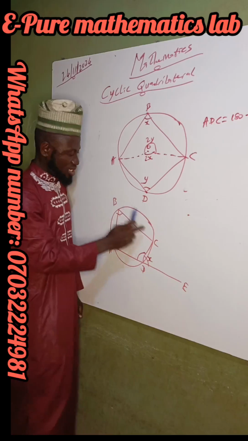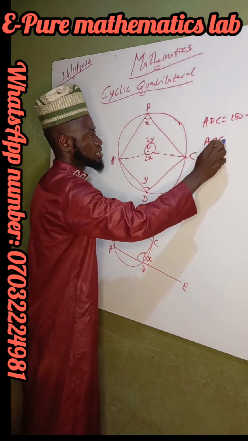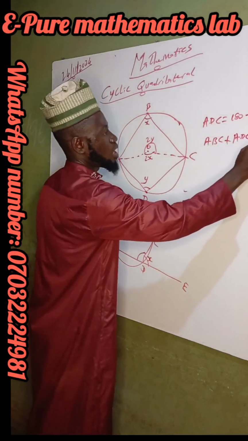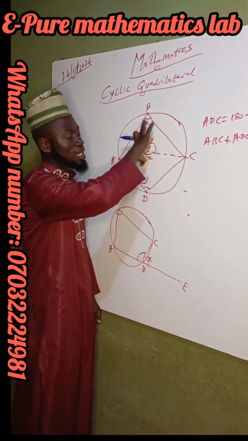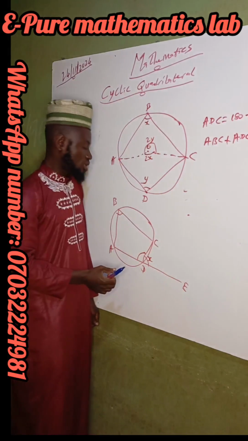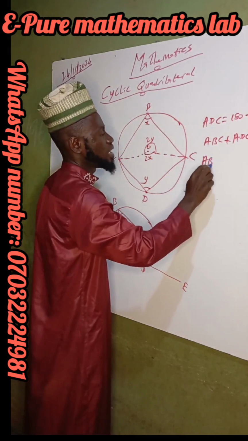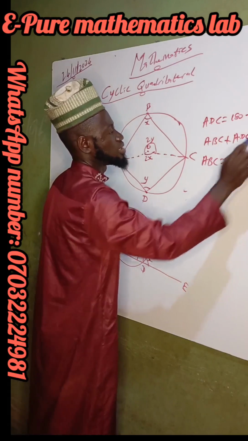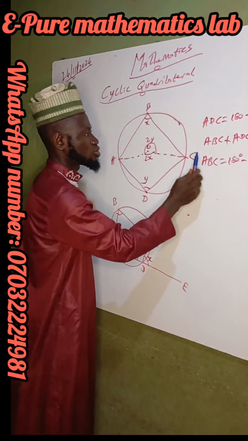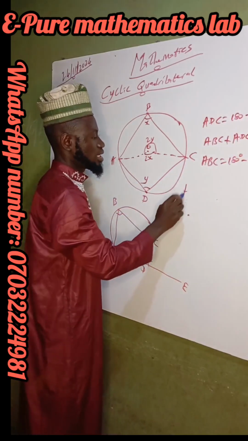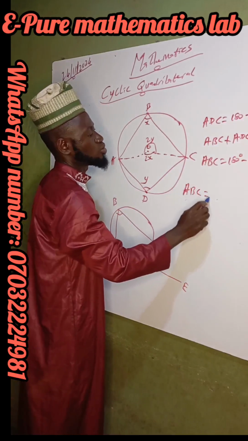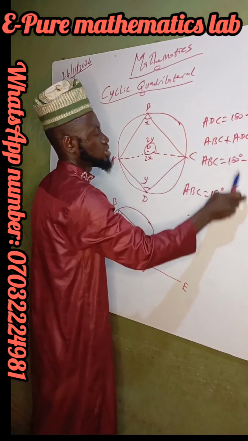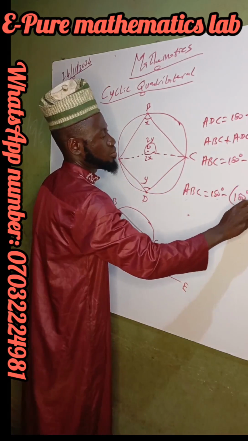At the same time, ABC plus ADC also equals 180 degrees. It's the theorem that says the opposite angles of a cyclic quadrilateral are supplementary. So from here I can say ABC is equal to 180 degrees minus ADC. From here I can substitute this into this. Then I can say ABC is equal to 180 degrees minus (180 degrees minus x).